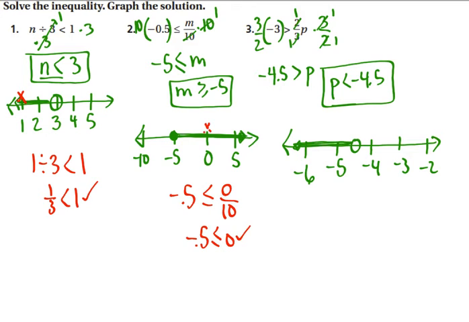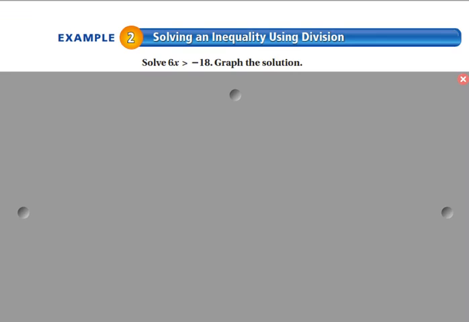And then let's pick something that's easy to multiply by 2/3. How about negative 6? So is negative 3 greater than 2/3 of negative 6? Well, 2/3 of negative 6 will end up being negative 4. Is negative 3 greater than negative 4? That is true.